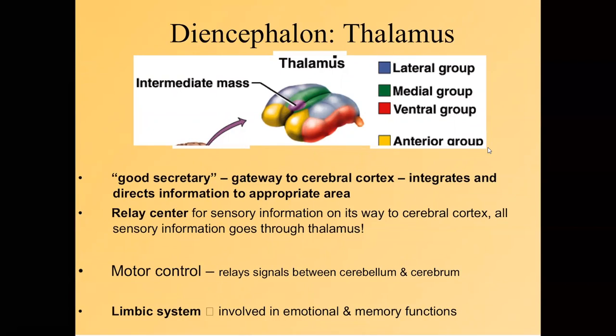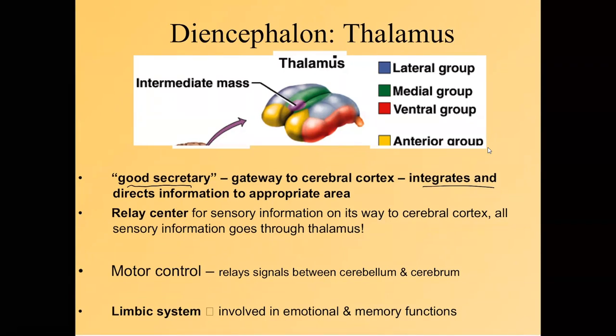The way that the thalamus works, I always explain it like a good secretary. A really good secretary is going to take the information that's coming up your spinal cord and to your brainstem, and determine how you need to respond. So it's going to integrate and direct information to the appropriate area in your cerebrum.